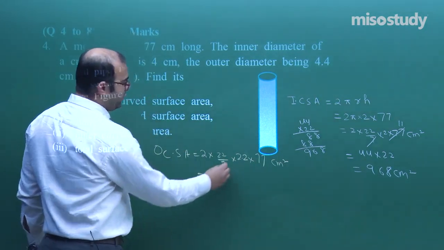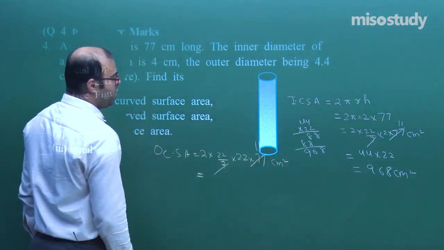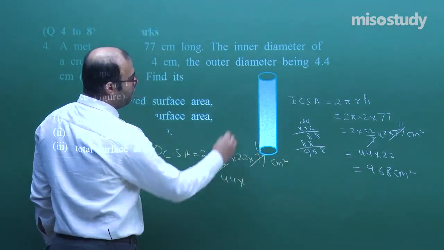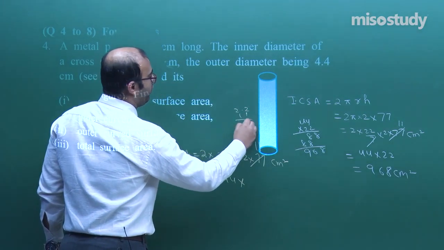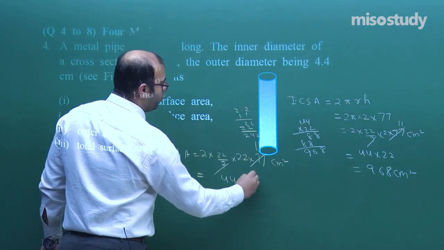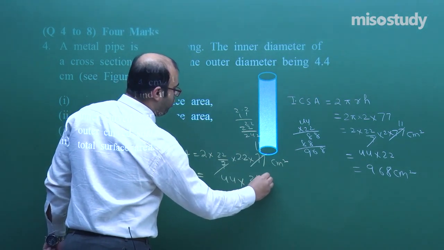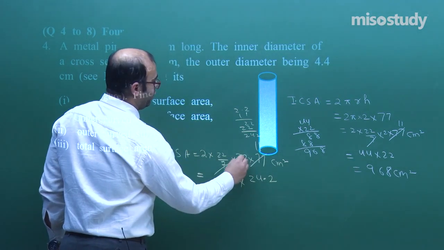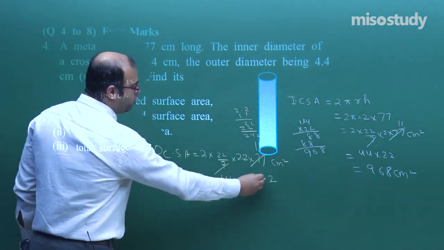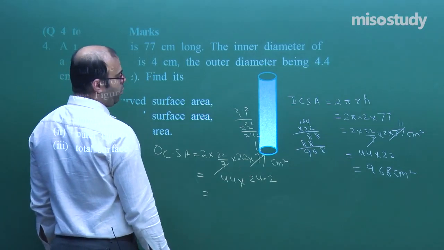Now, let us calculate this. 7 into 11 is 77, 22 into 2 is 44, and here 2.2 into 11 we will do. So, 2.2 into 11 is 22, and 22, this will become 242. So, this will become 24.2, students. Okay. Now, let us multiply these two. 44 into 24.2.